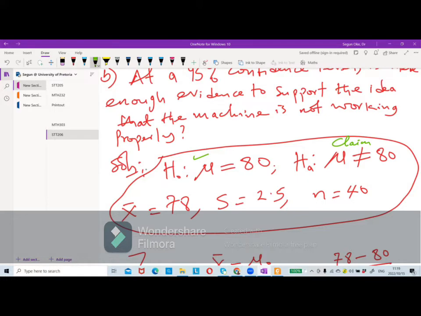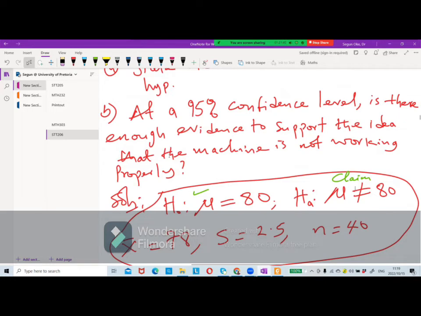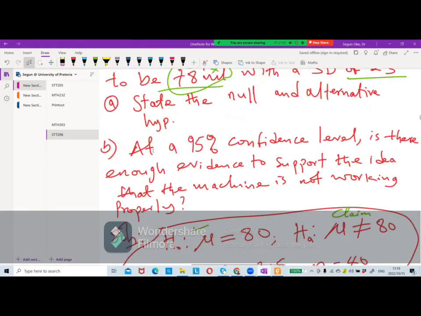Now, when I told them it's not equal to 80, they said we have a confidence interval. What do we mean by confidence interval? Confidence interval is like when you buy a paracetamol, for example.